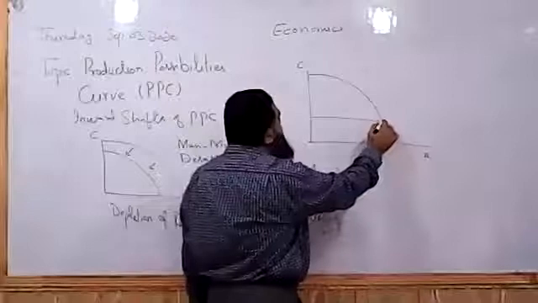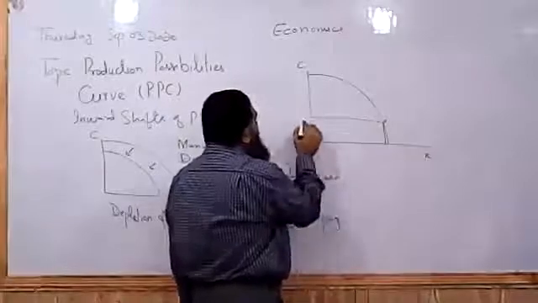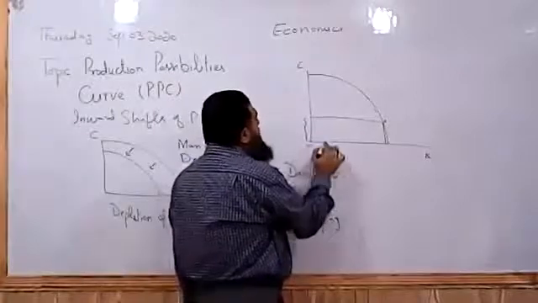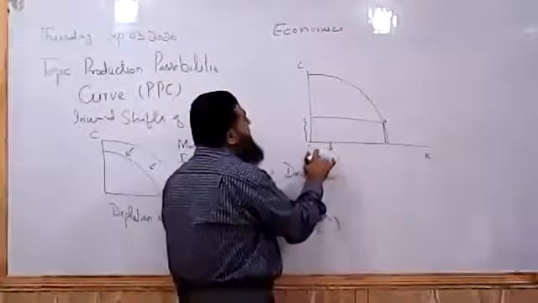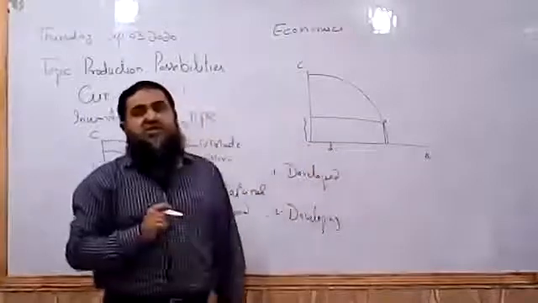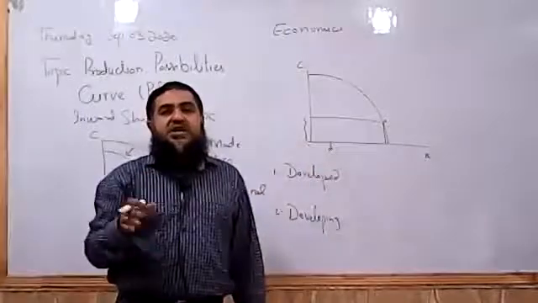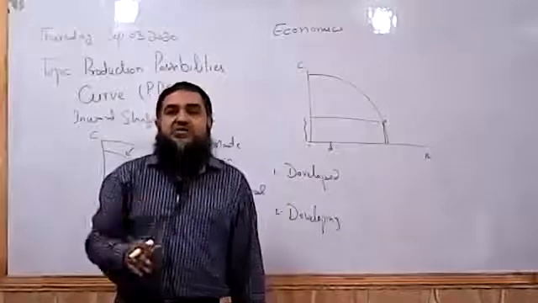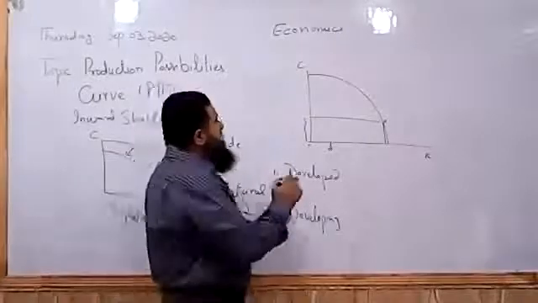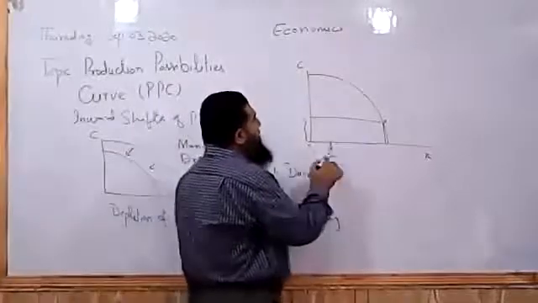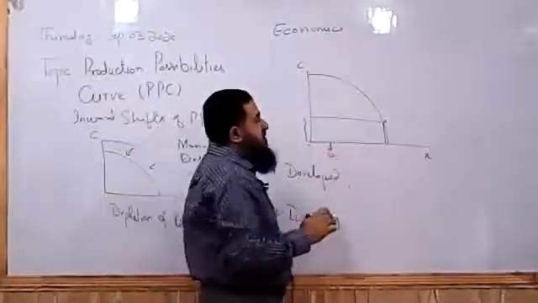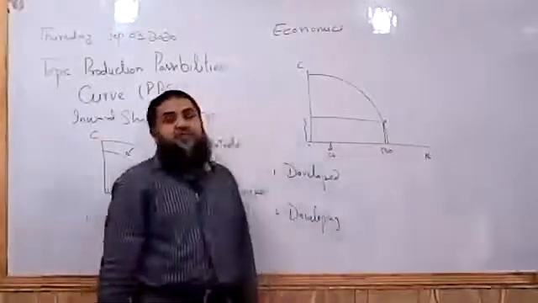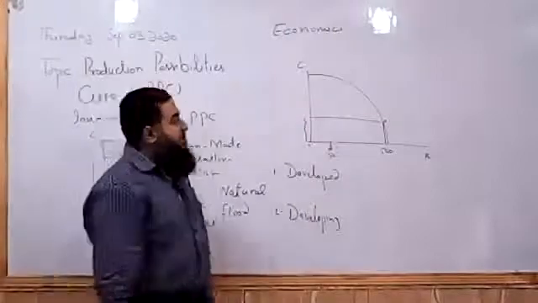They are producing at this point A, where fewer consumer goods are produced and more capital goods are produced. If I say this is OD, it is the depreciation. Depreciation, you might know, is the wear and tear of assets. Like capital goods are wearing and tearing, they are losing their value with the passage of time. If we say 50 machines or 50 capital goods are depreciating annually, and this country is producing 500 capital goods, how many capital goods are produced? 500.